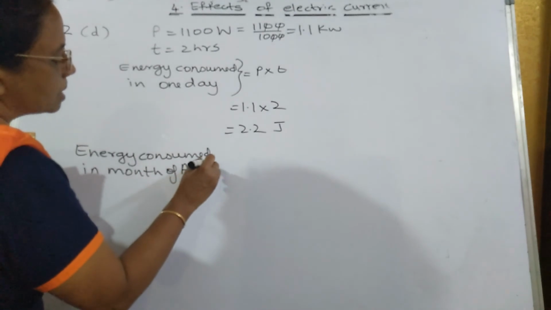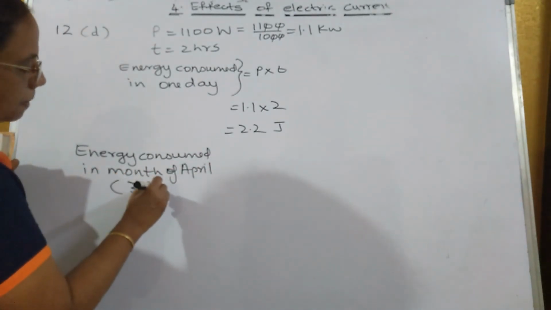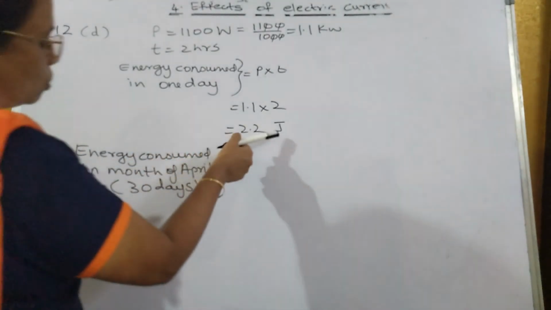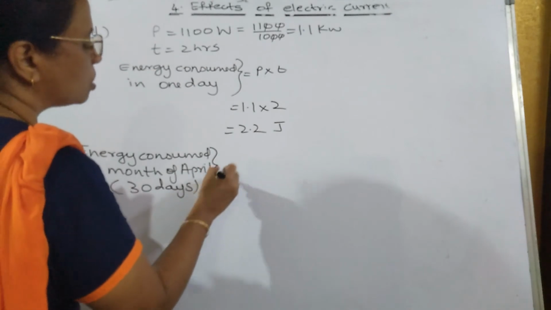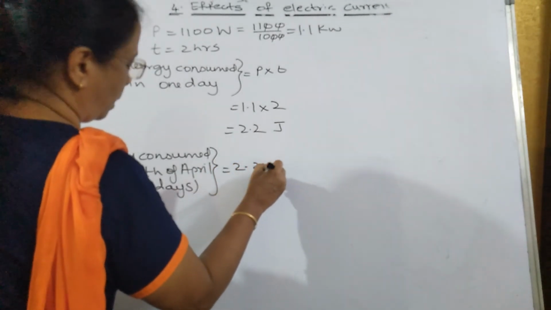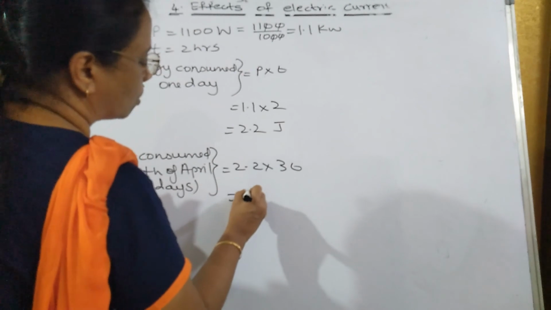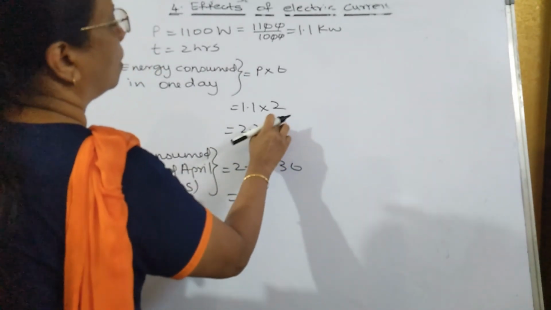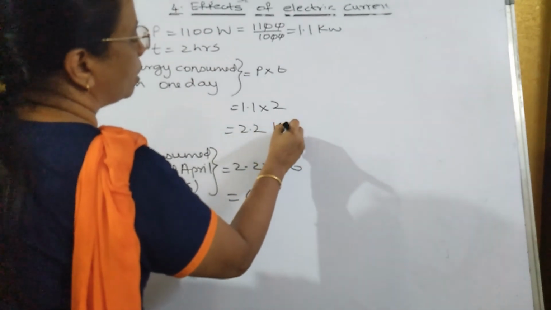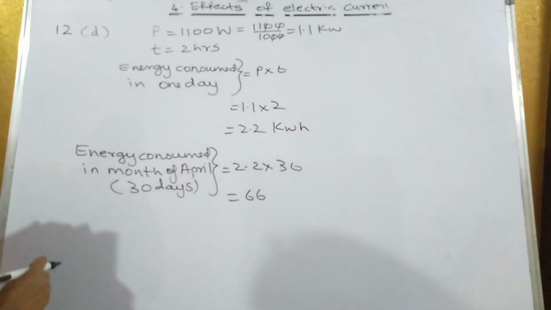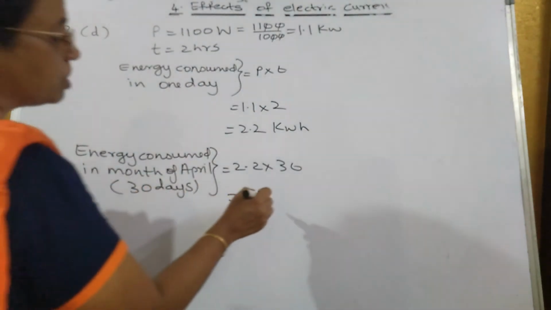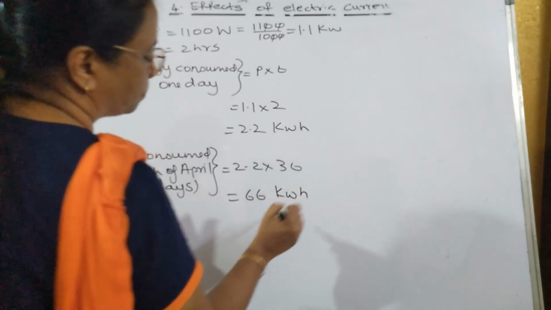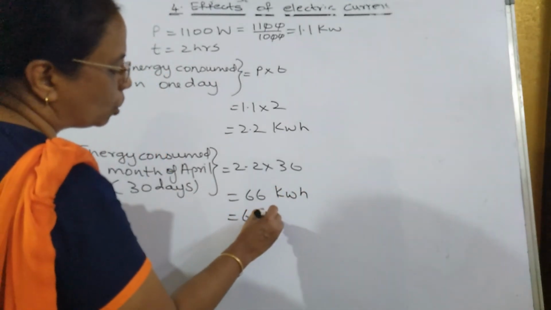In April, how many days are there? 30 days. So in 1 day, if 2.2 is used, then in 30 days, how much is used? 2.2 into 30, that's equal to 66 kilowatt hour. So that is equal to 66 units.